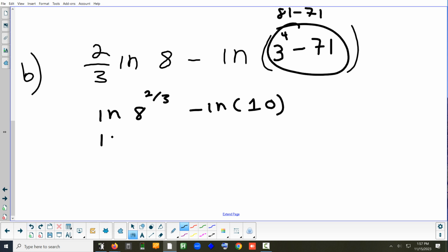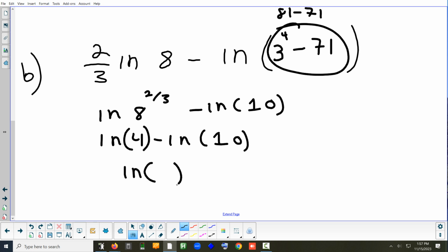So now we get ln 4 minus the ln of 10. When I recombine that, how many times am I going to write the word ln? Just once. It was subtraction. So subtraction turns into division.